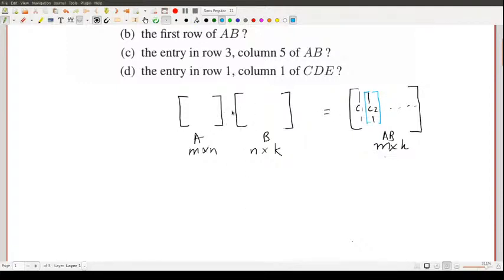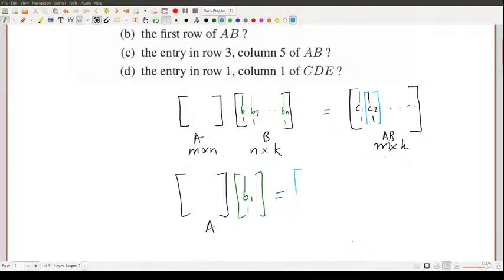So for example, if I view matrix B as B1, B2, ..., Bn, and I multiply the matrix A with just the column vector B1, then this will produce column 1 of the AB matrix.